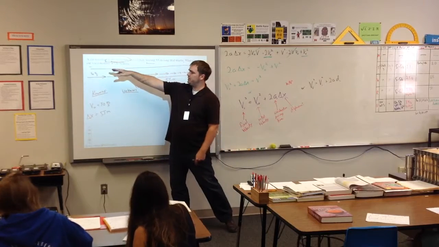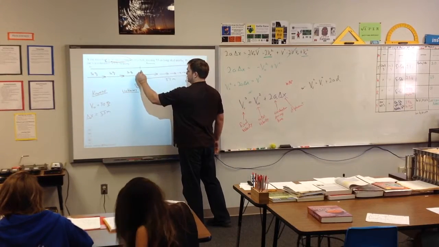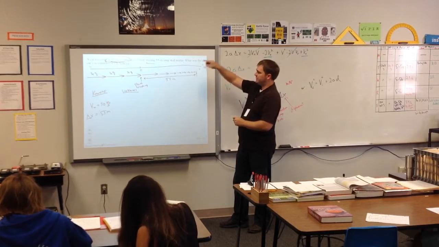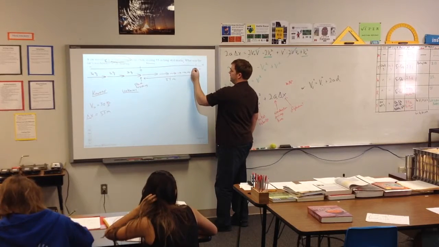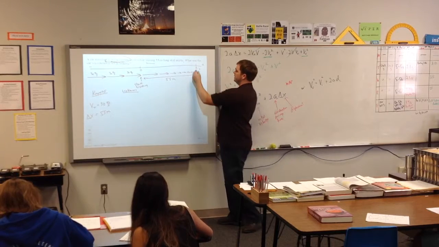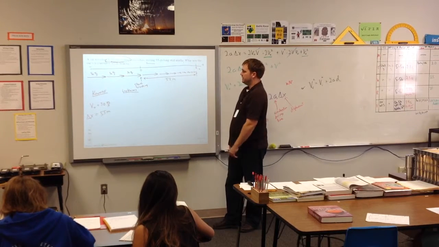Could we put it over there? Yeah. Could we put it over here? Sure. This does seem like a very logical point for us to start. It's helpful because if we call this point at the very end our final position, x, that's obviously going to be at 55. So our delta x is 55.